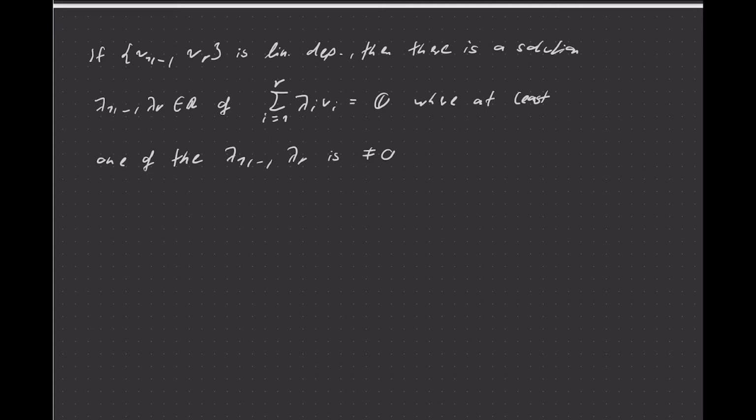And that means we can solve for the corresponding vector. And that means, in turn, that the corresponding vector is indeed a linear combination of the others.